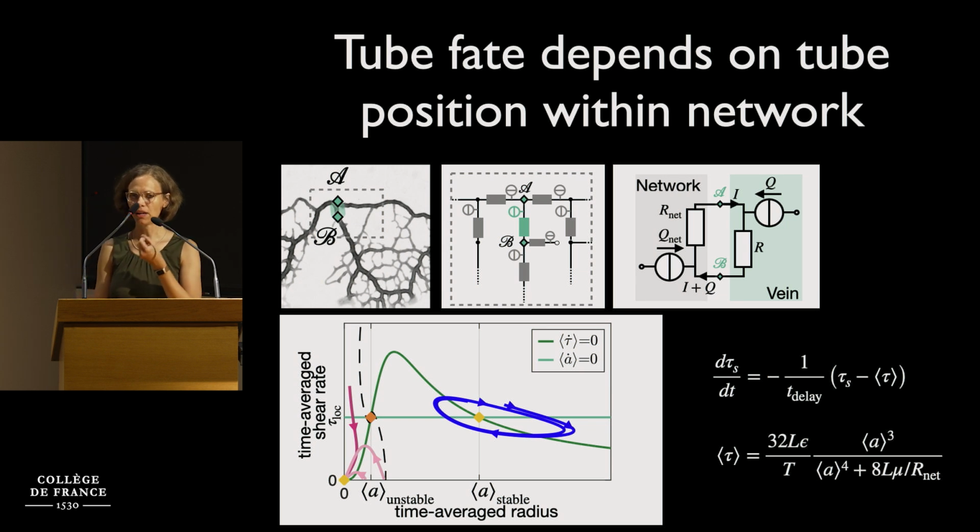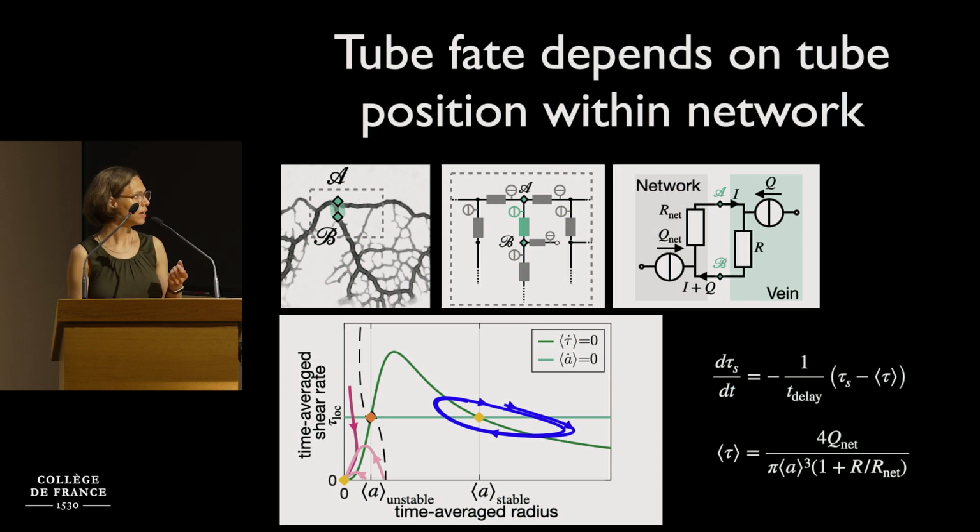So the simple way to understand this is that if you are a small vein and you're surrounded by big veins, then you will prune away, you will shrink away, you're irrelevant. But if you're the same small vein and you are next to similar small veins, you will stay around. That's essentially what the R net does.